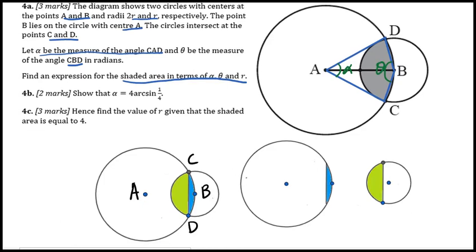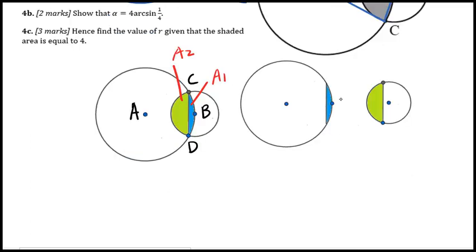For the shaded area, I change it into two parts. This will be area A1, and this is area A2. Here is A, this is C, here's D. I will connect AC and AD.